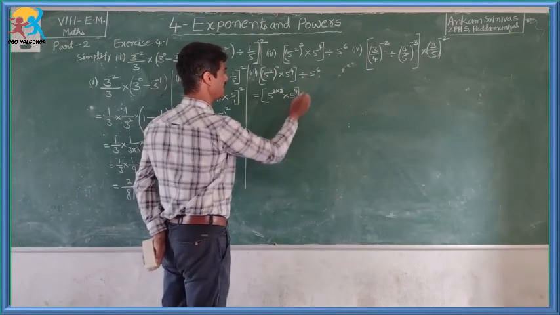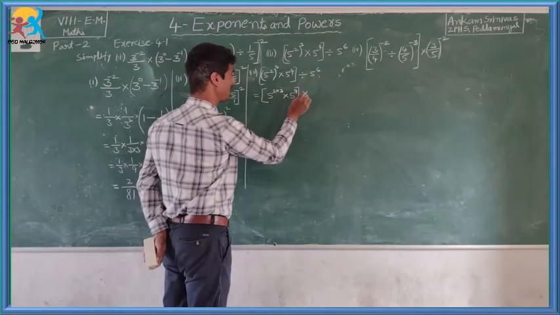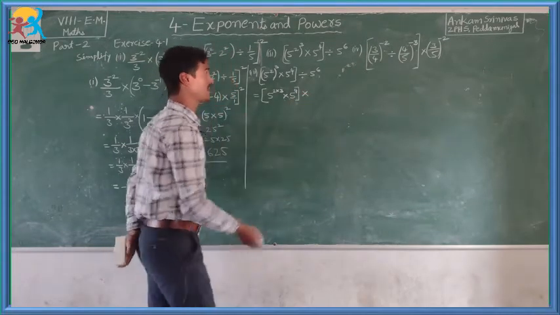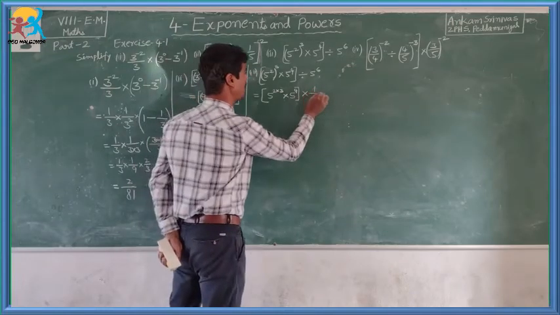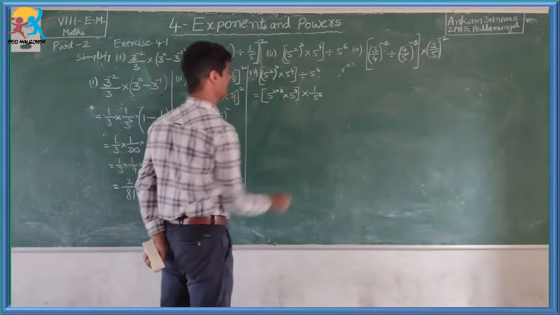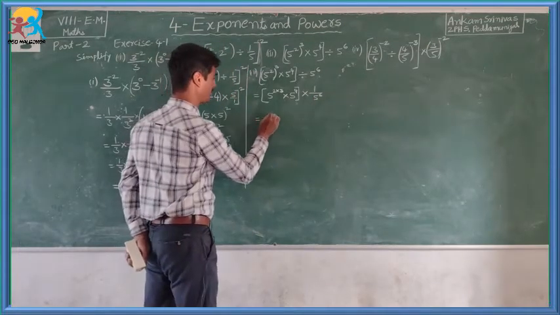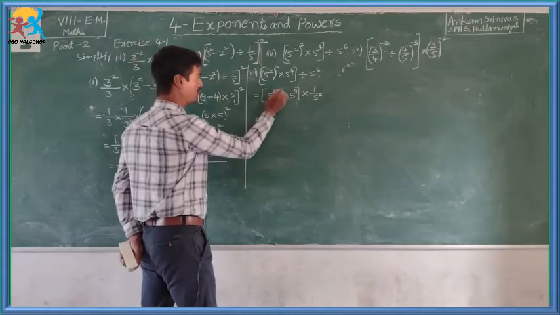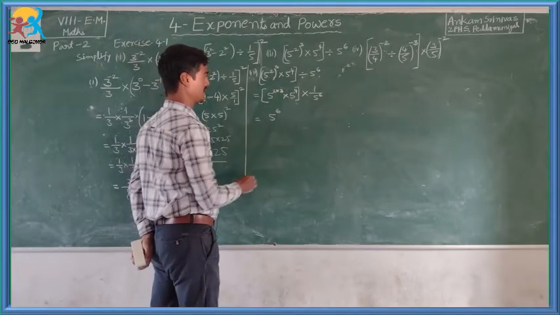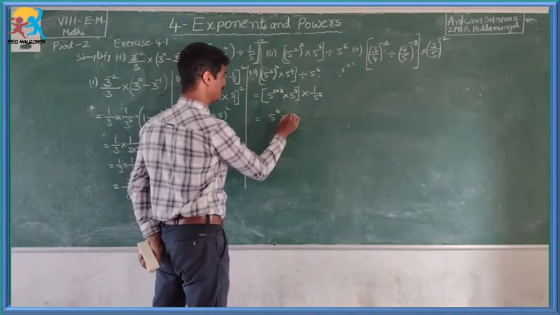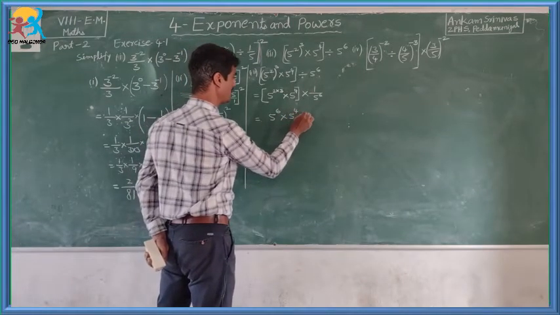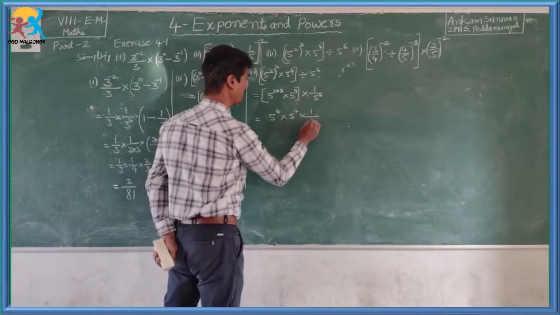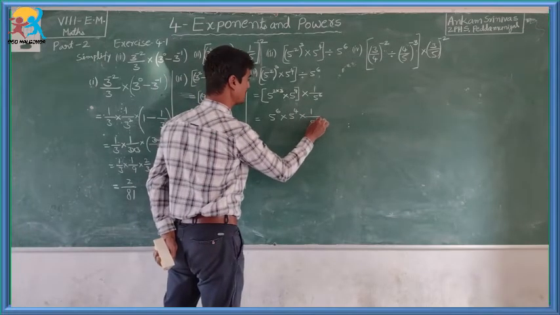This division, we have to convert into multiplication by writing the reciprocal. Reciprocal of 5 power 6 equal to 1 by 5 power 6. Next, 5 power 2 3s are 6, into 5 power 4, into 1 by 5 power 6.